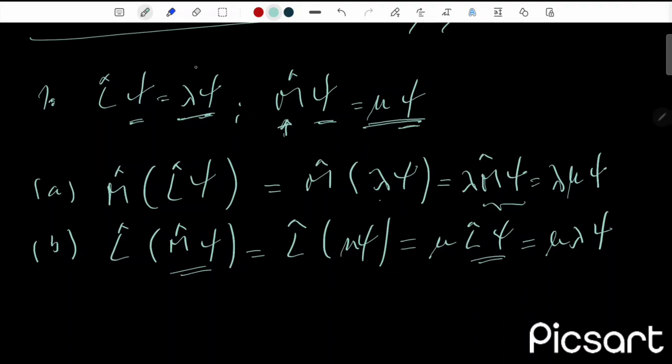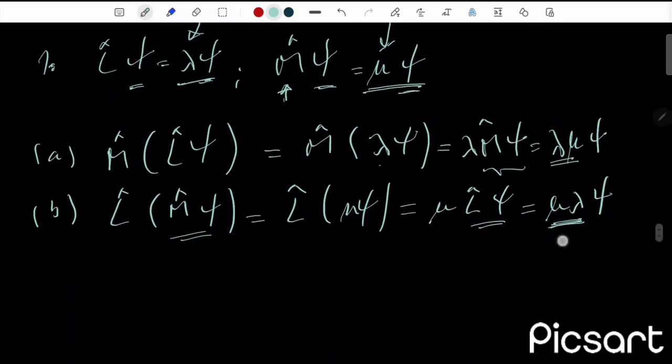Here we must remember that lambda and mu are numbers, which means that when they multiply each other without considering the order, we get every time the same number. That is, this product is equal to this product, so that these full expressions are equal.